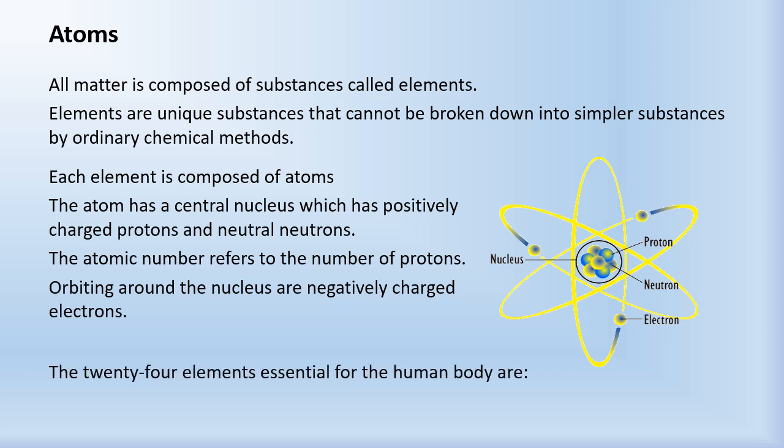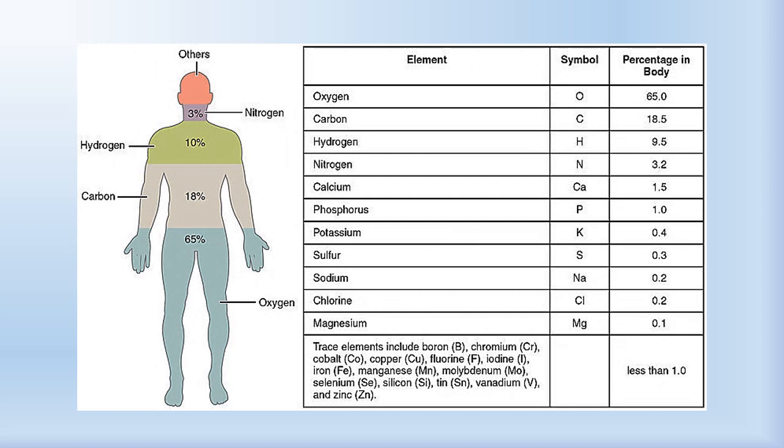The 24 elements essential for the human body are the ones here. So at the top, you can see on the table, you have oxygen. And the table descends in order of their significance, really. So look at the first 3 at the top. These are the 3 most prevalent elements of the body.